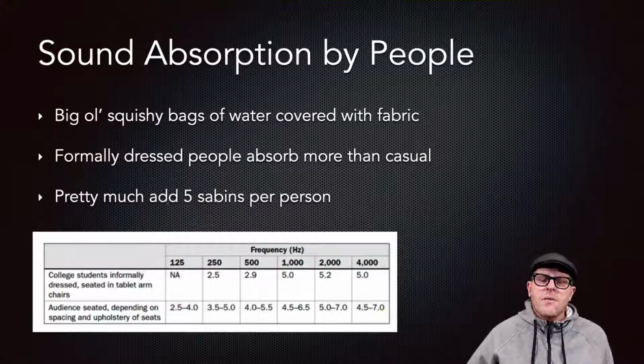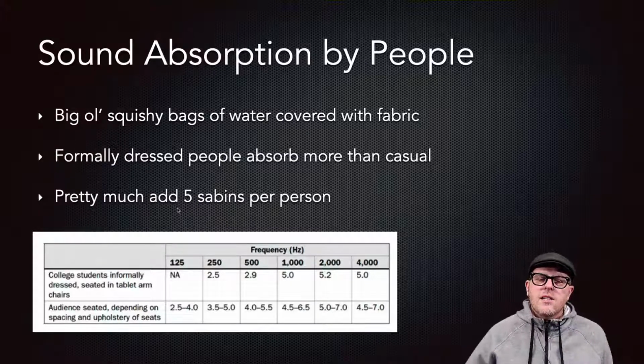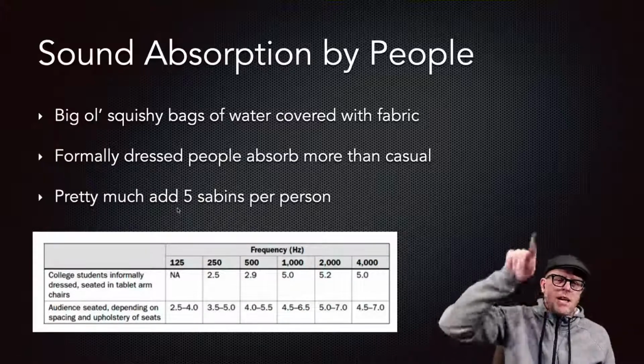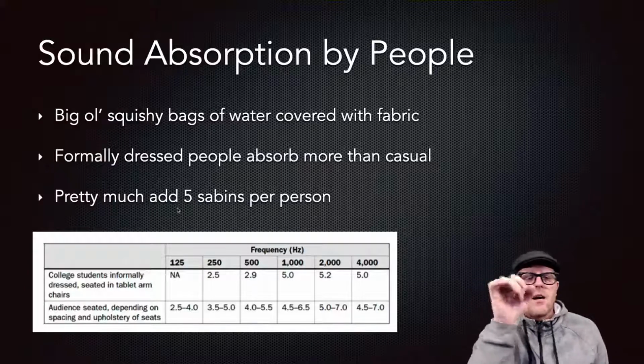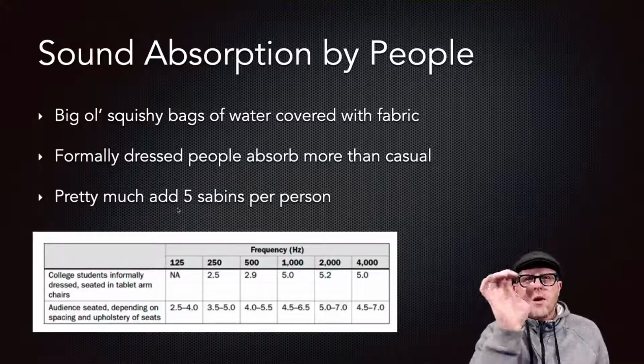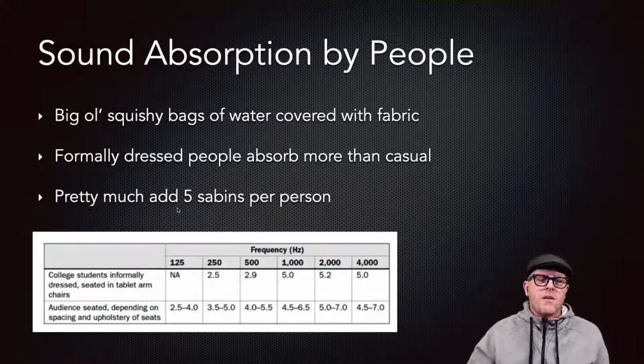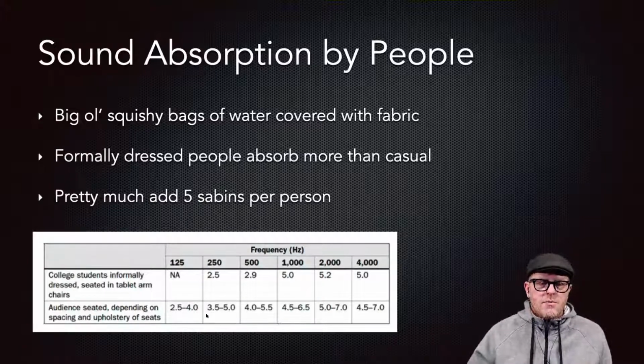So they're talking about Sabins right here. Remember when we were talking about that, the capital A is a Sabin, or they call them Sabins. So a person adds 5 Sabins, on average, kind of across the board right here.